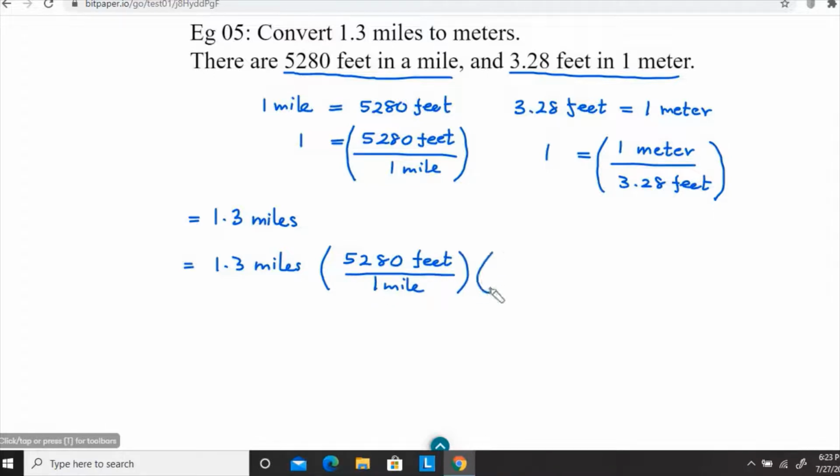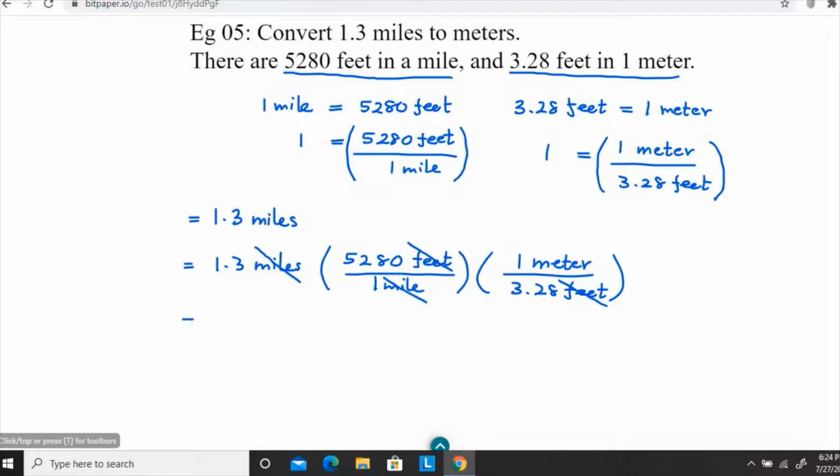And then in the second conversion factor, which is again just 1, I'm converting the feet into meters, 1 meter over 3.28 feet. Now you can see the miles in the numerator cancel with the miles in the denominator. The feet in the numerator cancel with the feet in the denominator, and the only unit that I end up with is meters.